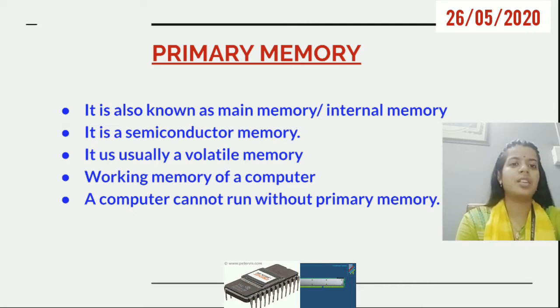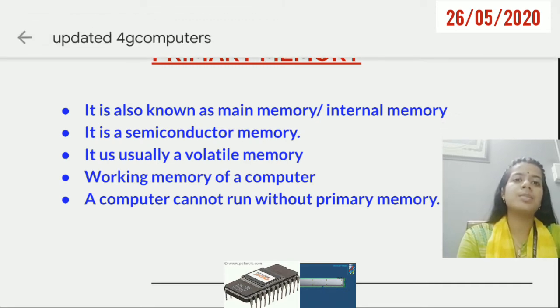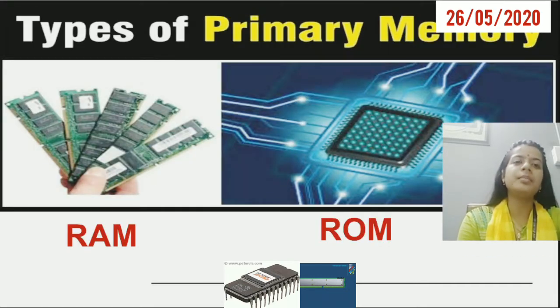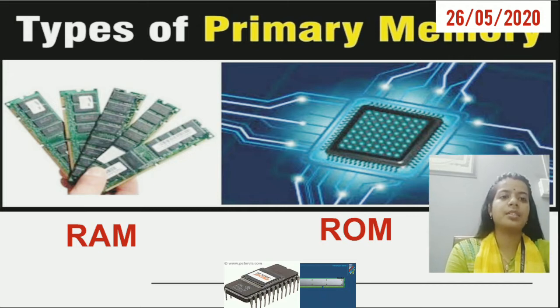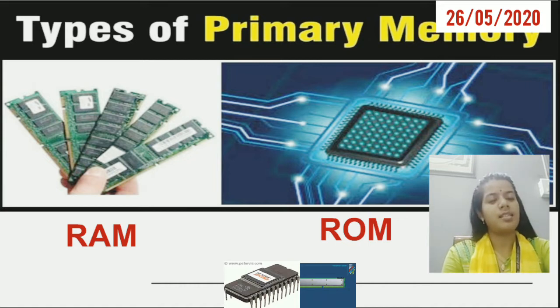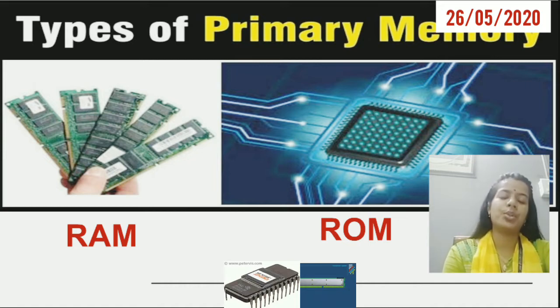Now let us learn about the types of primary memory. Okay, now remember, dear children, there are two types of primary memory of a computer. Number one, RAM, and number two, ROM. Okay, now the full form of RAM is random access memory.